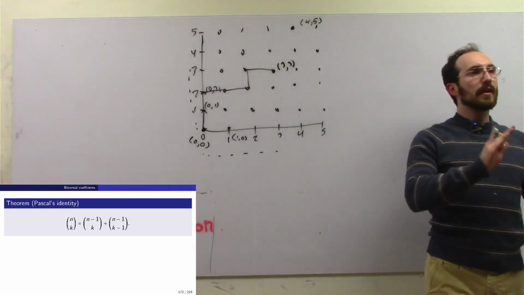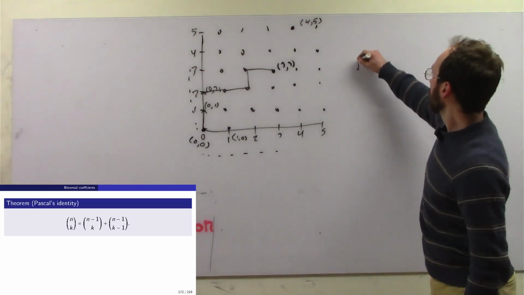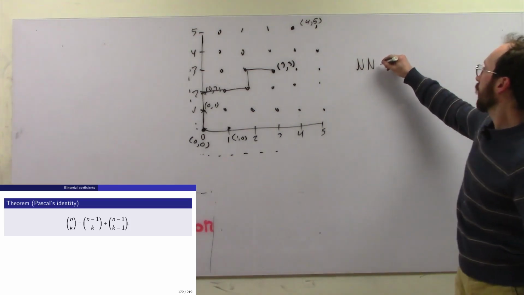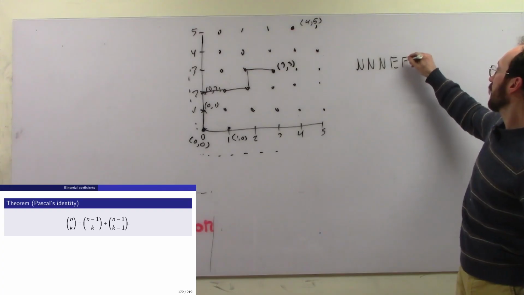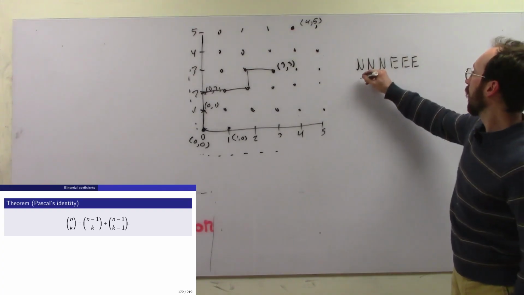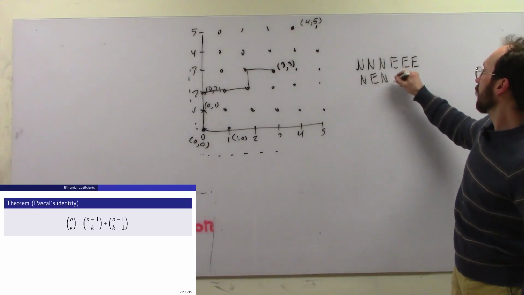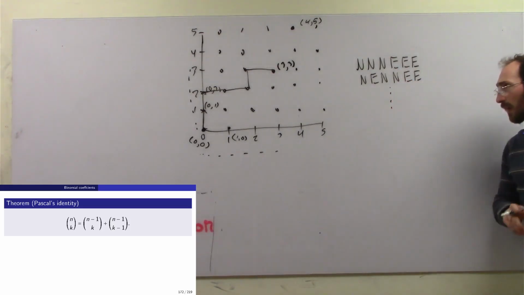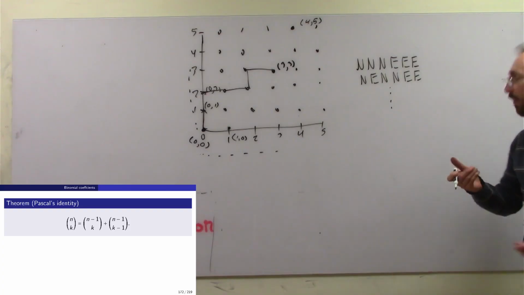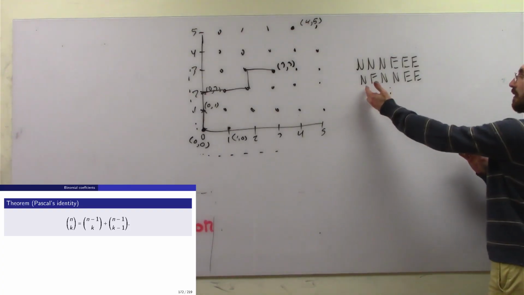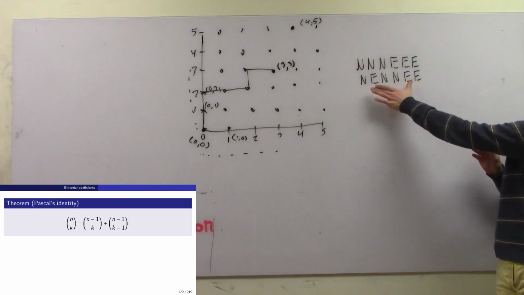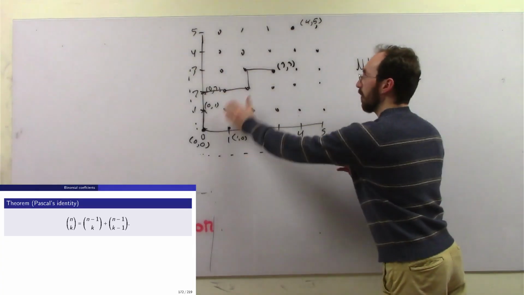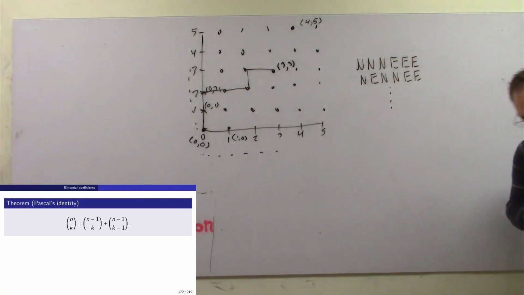So long as I do that in some particular order, be it north, north, north, east, east, east, or north, east, north, north, east, east, et cetera, once I have this ordering, where I'm going to go is determined.